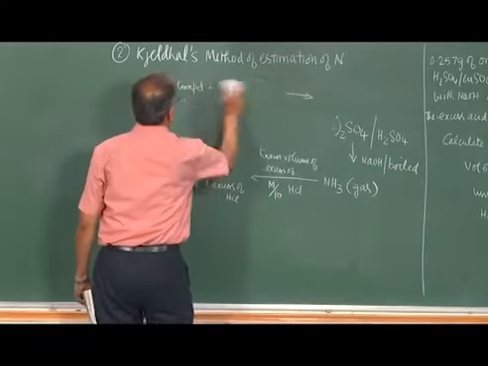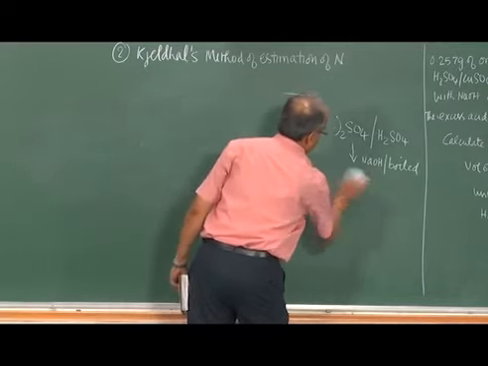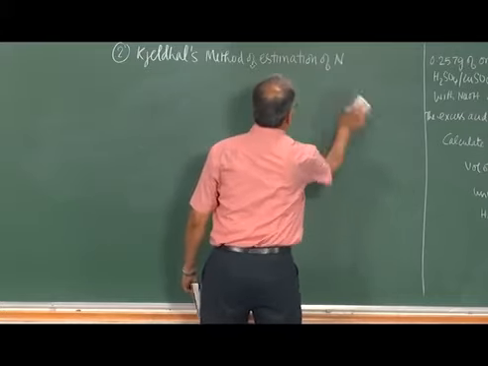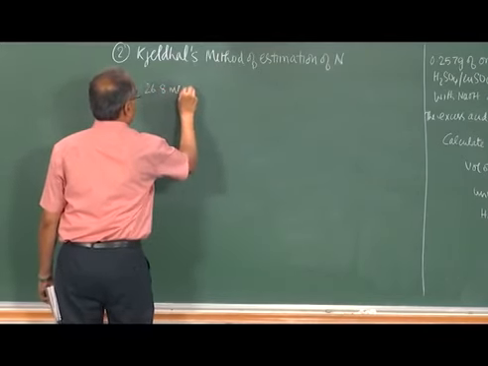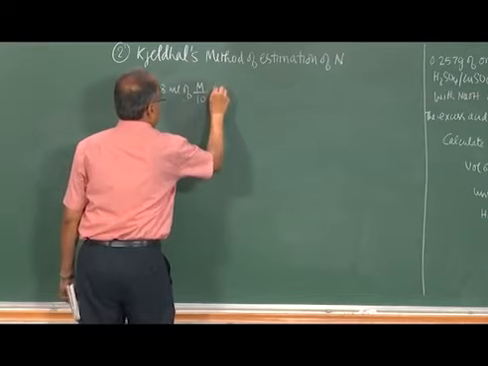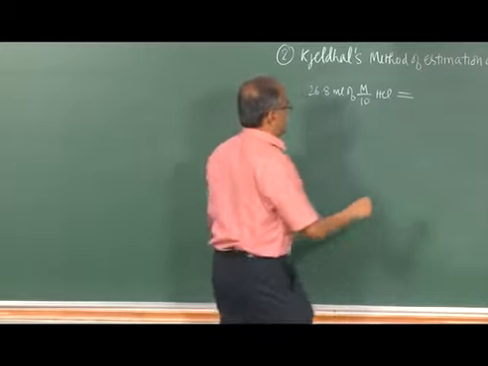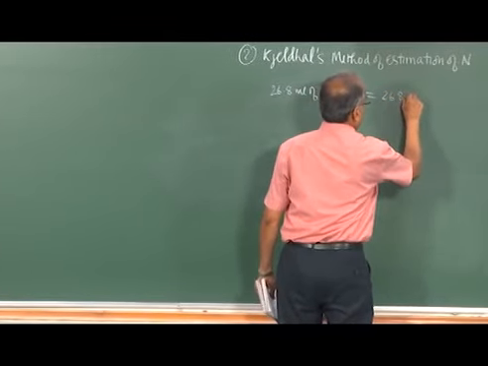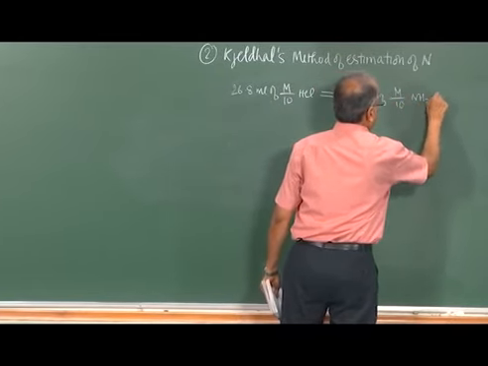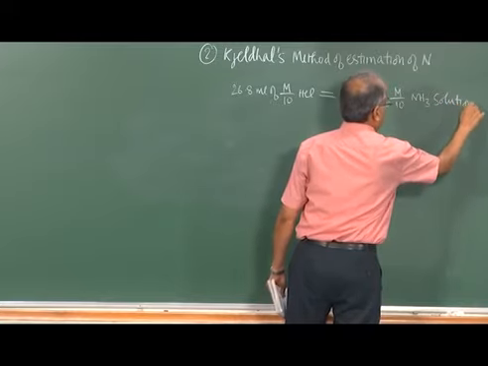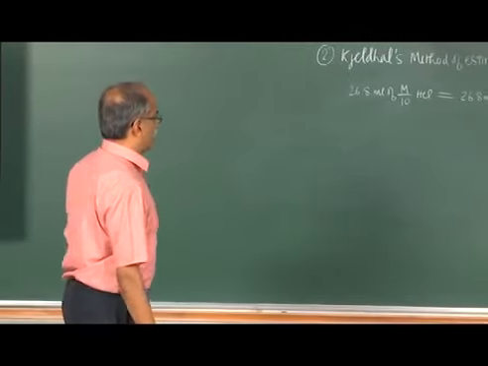So, all we need to do is convert that into mass. That is easily done. The 26.8 ml of M/10 HCl will be equal to, in terms of the neutralization reaction, 26.8 ml of M/10 ammonia solution, which was originally liberated by the Kjeldahl method.